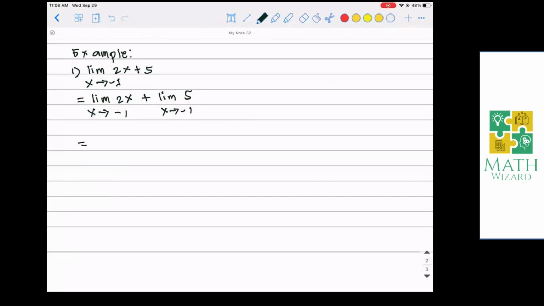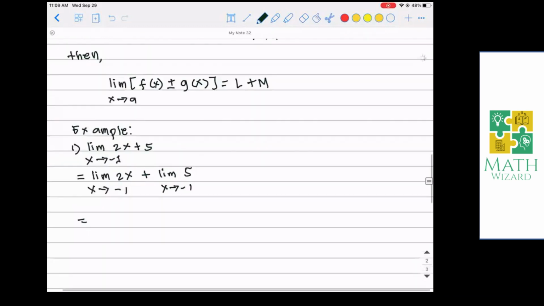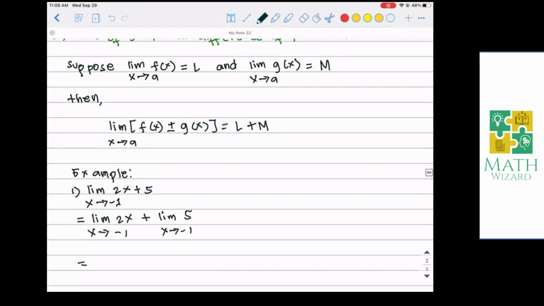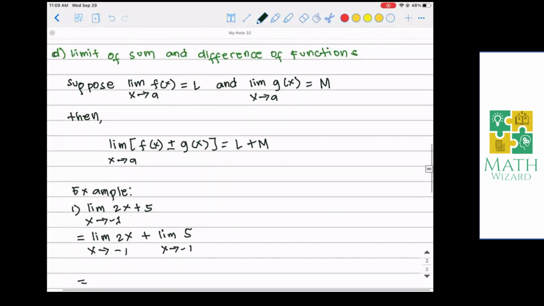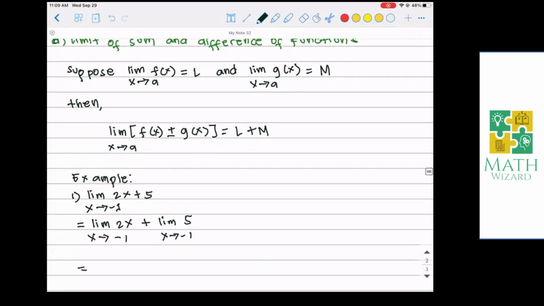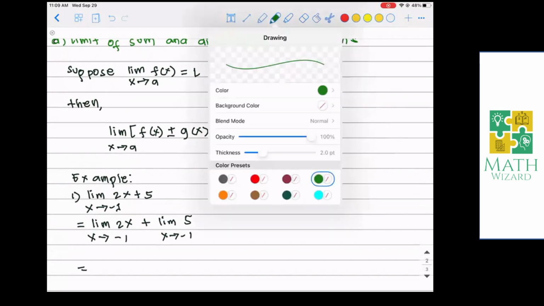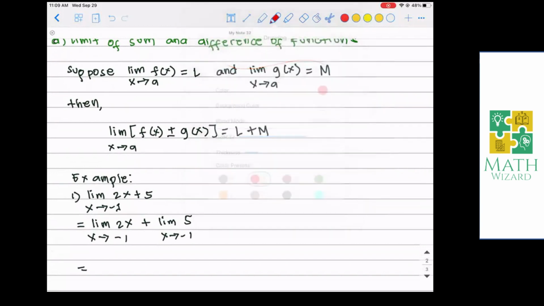How are we going to find for the limit of 2x as x approaches to negative 1? Again, i-apply natin yung constant and function x, yung previous lang natin na theorem. So, ang gagawin natin, yung 2, we move that here.